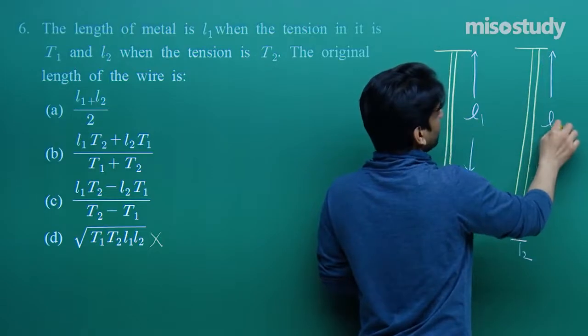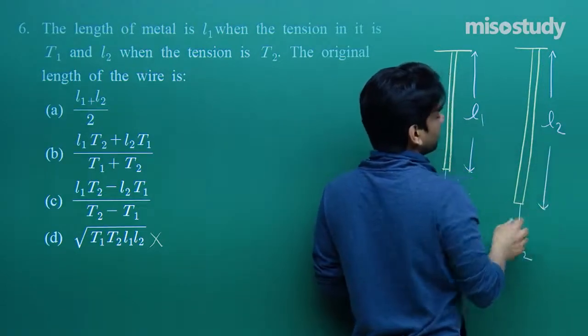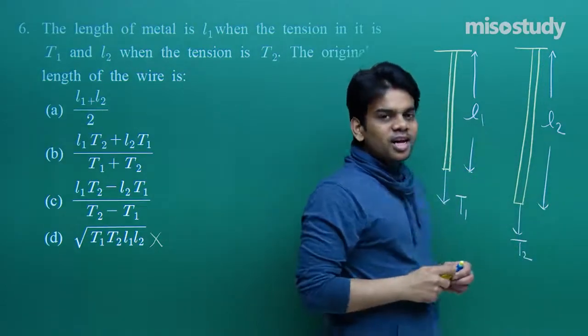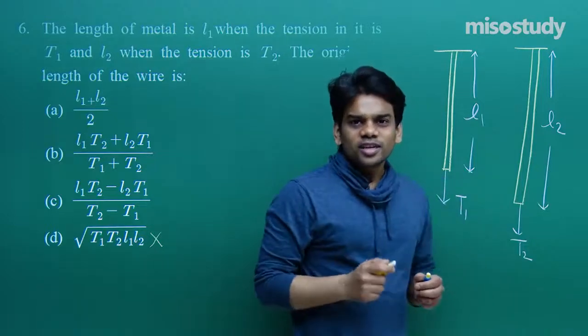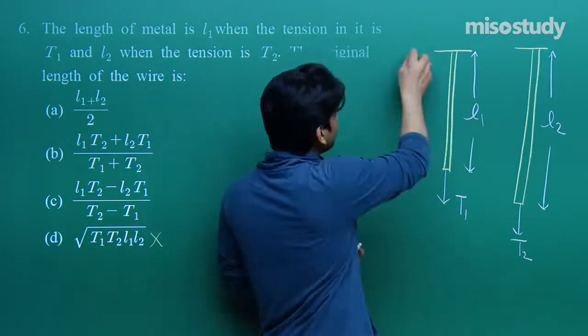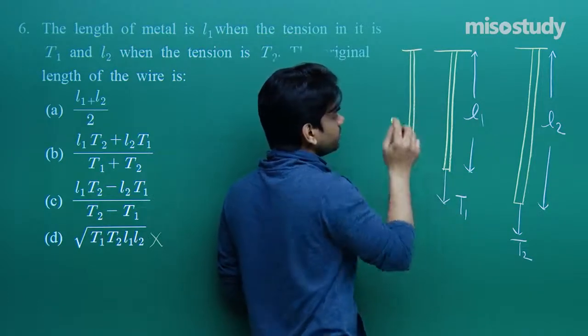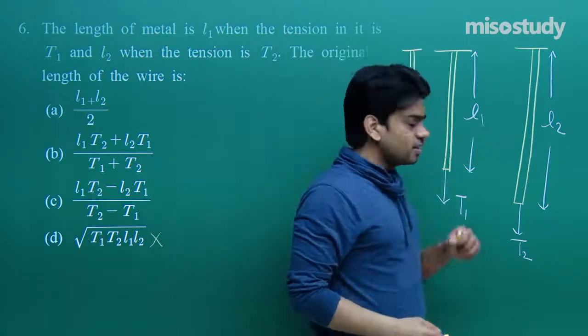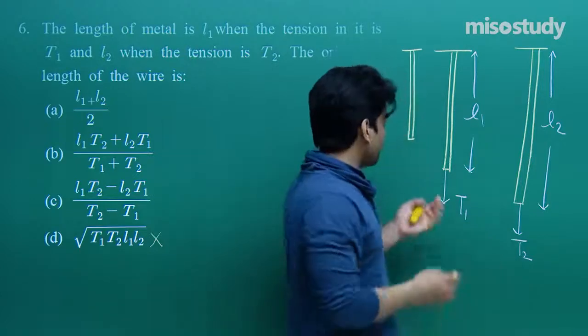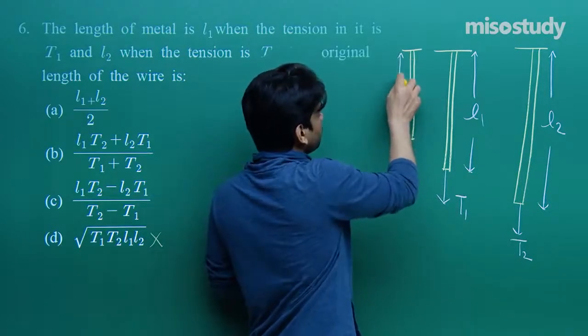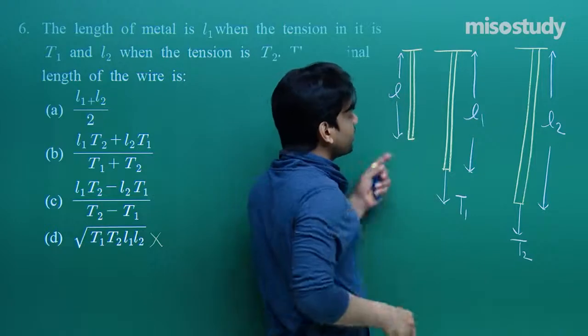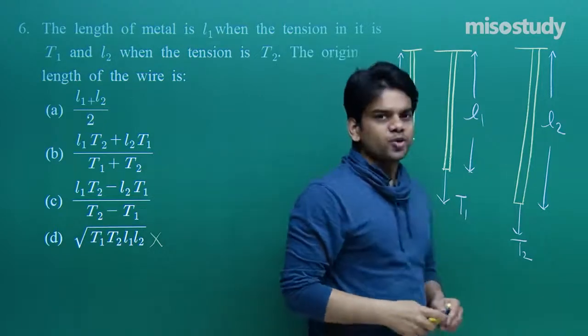We need to find the original length of the wire. Let us say the original length of the wire is somewhere here with no load. 3 cases: 2 different loads, and the natural length, the normal length at any given temperature.